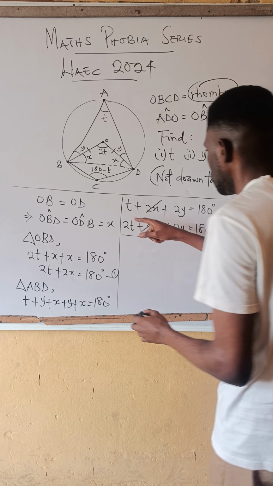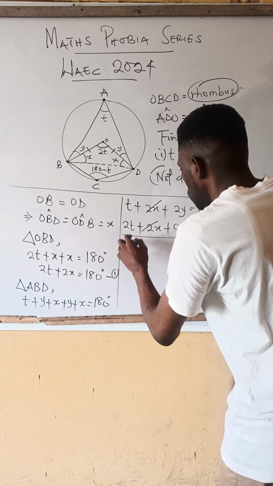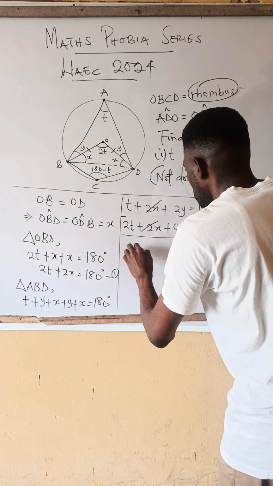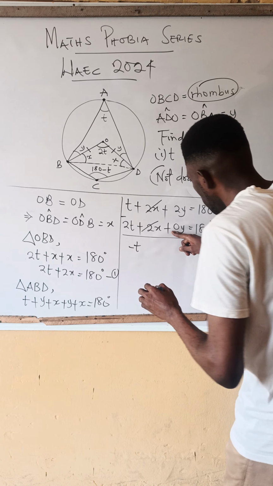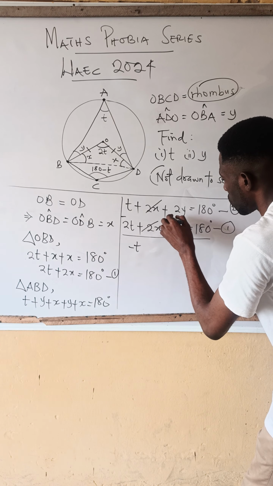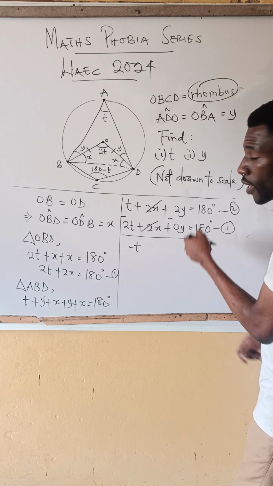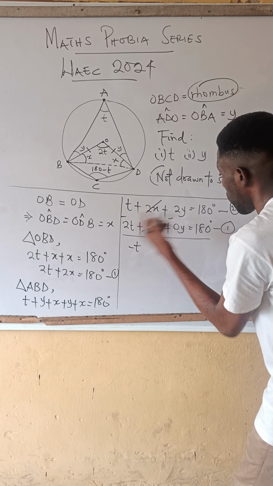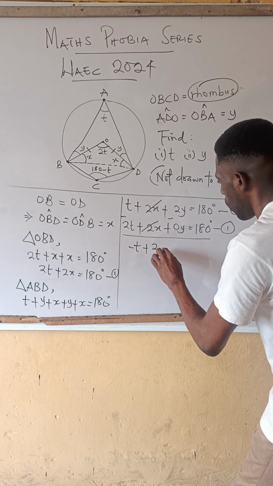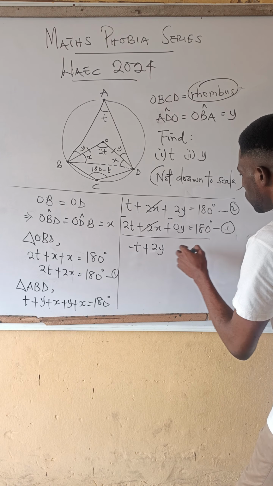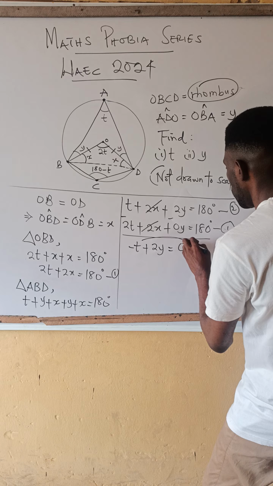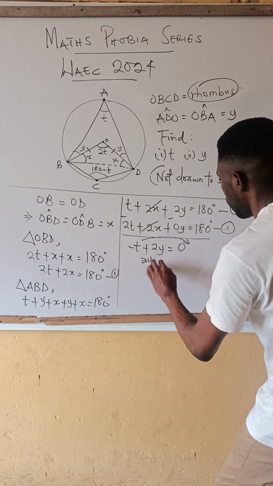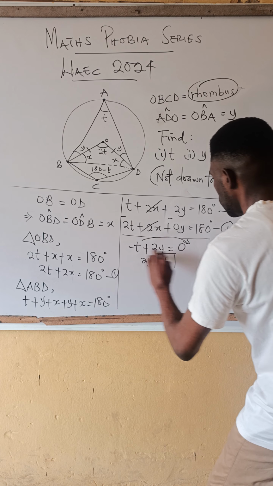So what do I have left? T minus 2t, that will be minus t, and 2y minus 0y, we have 2y. 180 minus 180, we have 0. If I take minus t to this other side, I'm going to have 2y equals t.